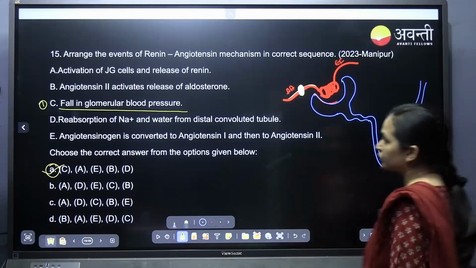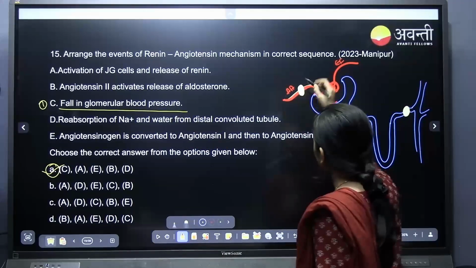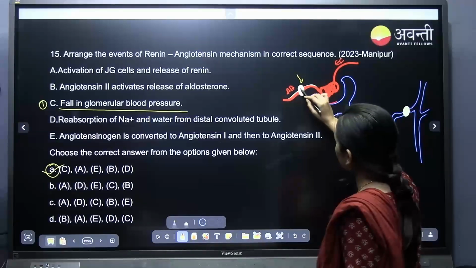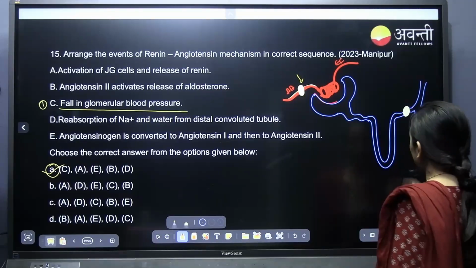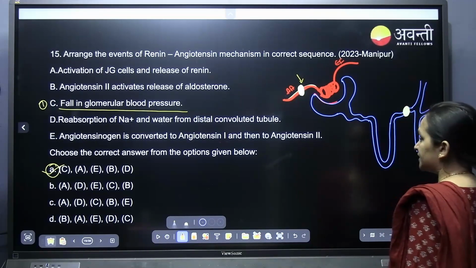Here itself they get to know that there is a fall in the glomerular blood pressure. They are present in the afferent arteriole and in the DCT.